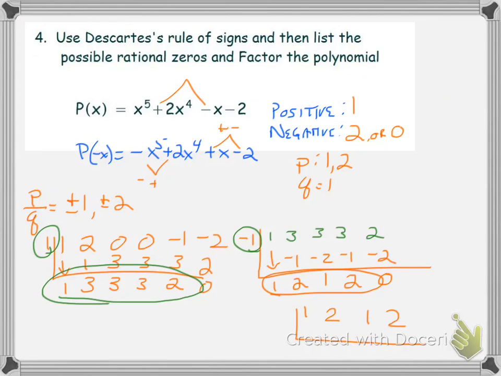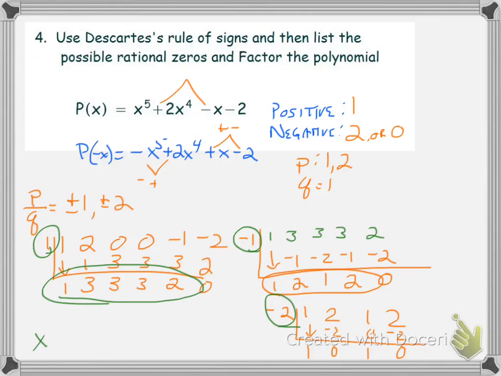Okay, so I can go straight to negative 2. Bring down the 1, negative 2, 0, 0, 1, negative 2, and 0. So that means that negative 2 is a root.